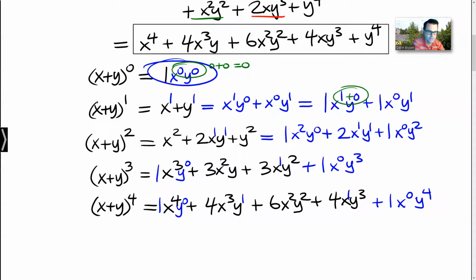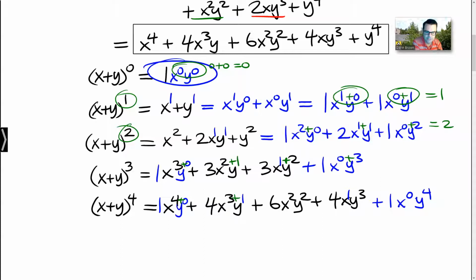Notice that these always equal 1, which is the power here. 2 plus 0, 1 plus 1, 0 plus 2, those all equal 2. Oh, I left off a 1 here. 1, 2, 1.